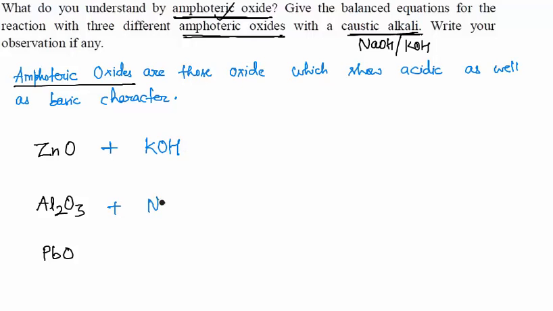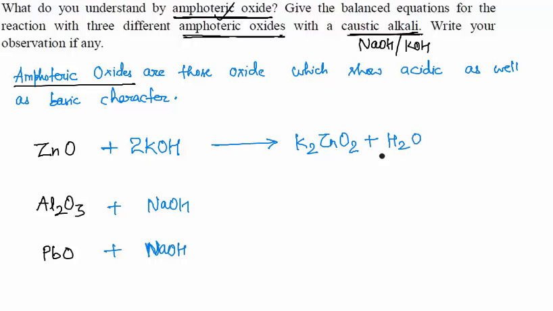ZnO plus 2 KOH forms K2ZnO2 plus H2O. This is potassium zincate.